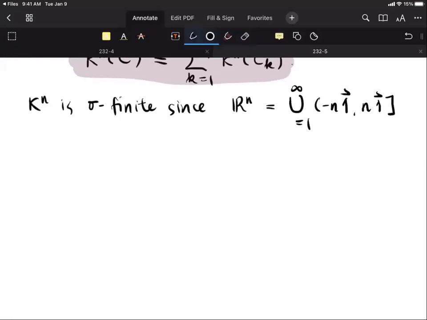I should use a different index. I should use k, let's say k, from 1 to n. Okay, so that's the sigma finiteness of the elementary content.